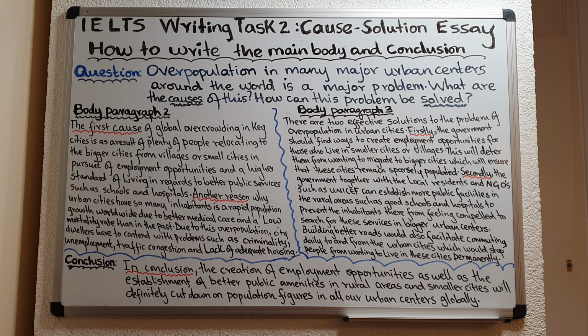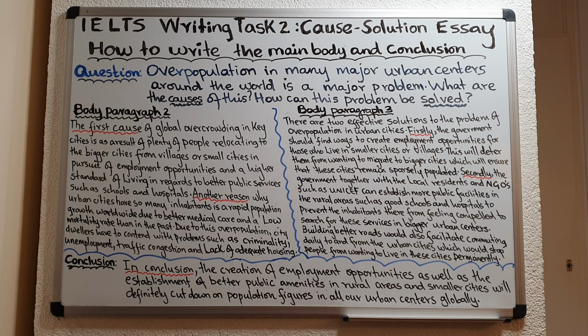Resident means you live there. So the government, together with the local residents and NGOs, that is non-governmental organizations such as UNICEF, can join together and establish more public facilities in the rural areas. Rural areas are the remote areas, back in the villages, for example.